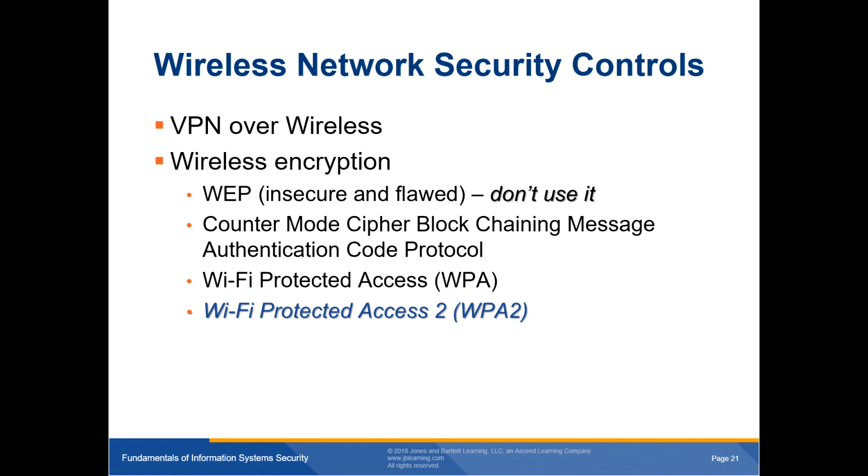What you should use is Wi-Fi Protected Access 2, WPA2. It uses a stronger block calculation algorithm to create the keys using matrix mathematics, and uses a more advanced version of the Advanced Encryption Standard. It is much stronger than WPA, and it is the wireless encryption standard that is in use today, and that's what you should be using.